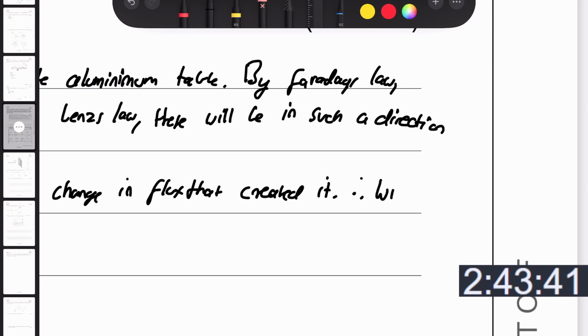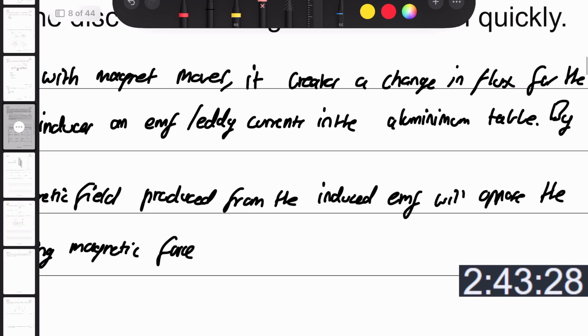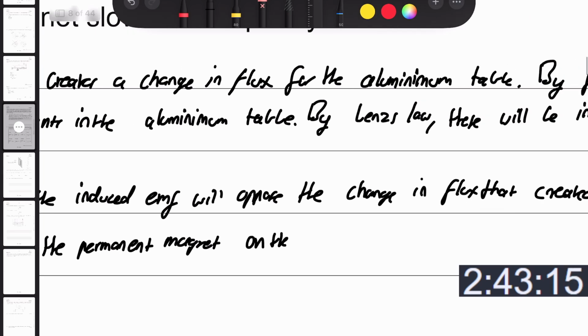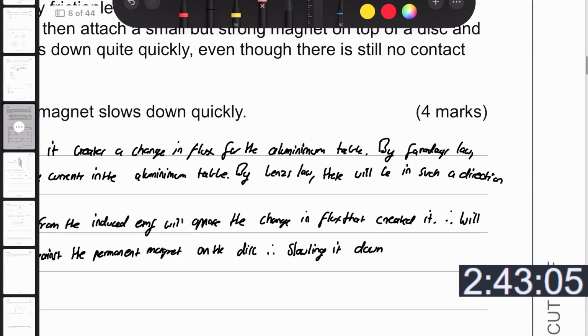Therefore will provide a retarding magnetic force against the permanent magnet on the disc, therefore slowing it down quickly.